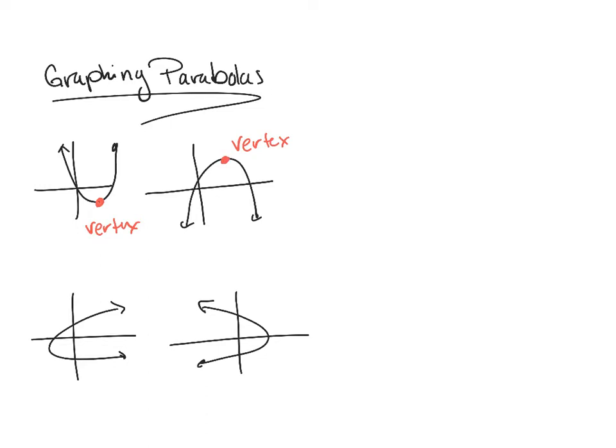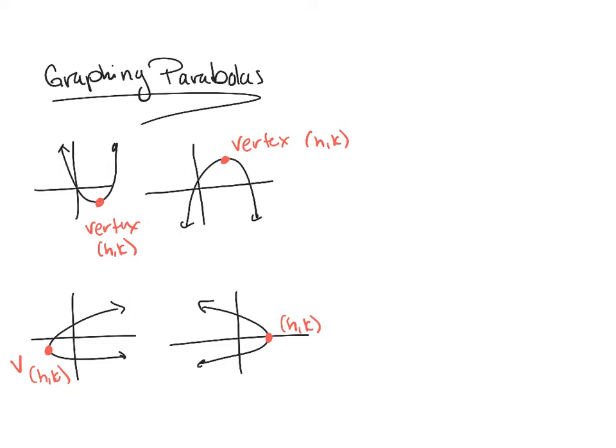We usually use, by the way, the letters H and K to denote the x and y coordinates for the vertex. And if we have a parabola that opens to the left or to the right, we still will use H and K. They'll be the farthest left or the farthest right on our parabola.